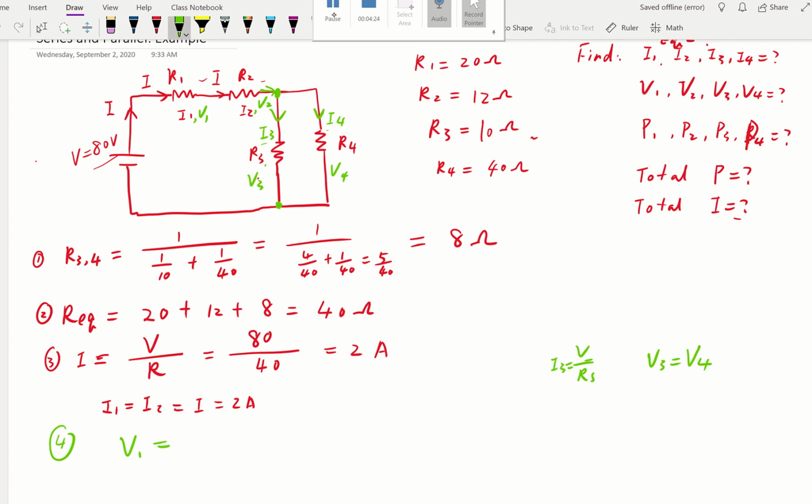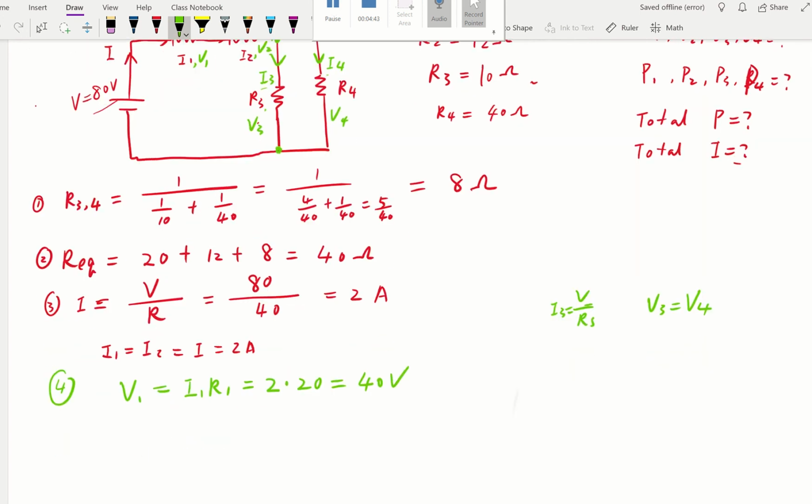For resistor 1, to figure out V1, it's I1 times R1. Our I1 is already equal to 2 amps, and resistor R1 is 20 ohms. So that's going to give us 40 volts.